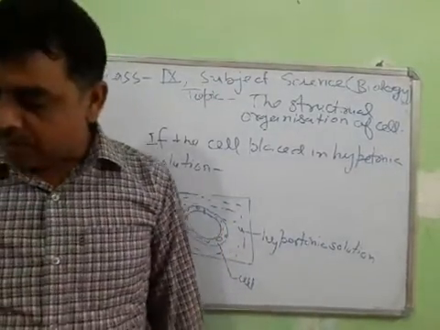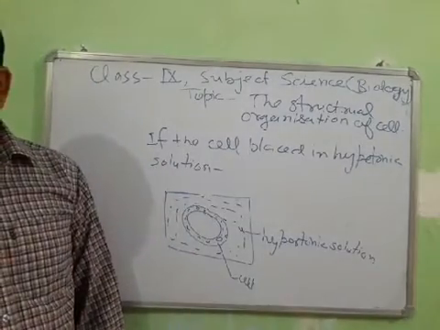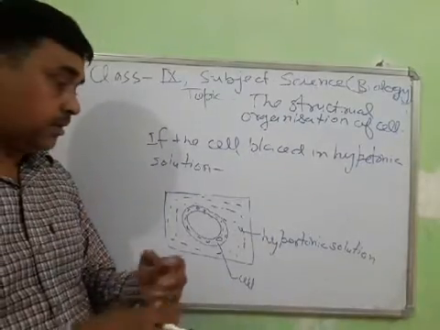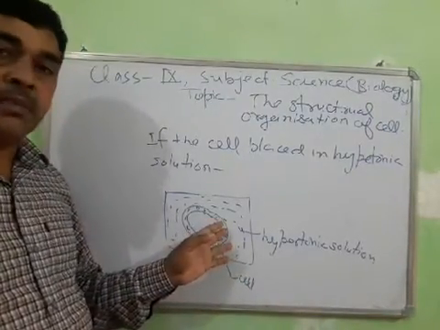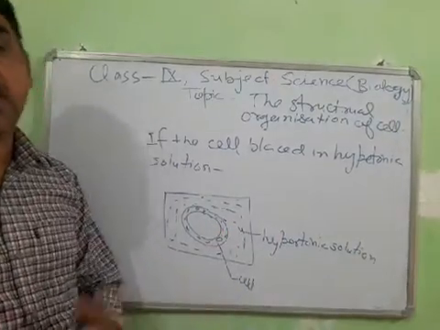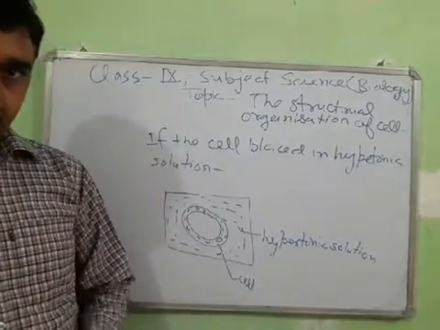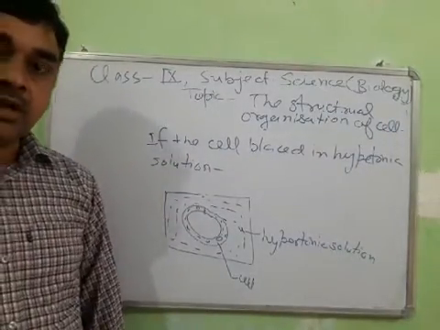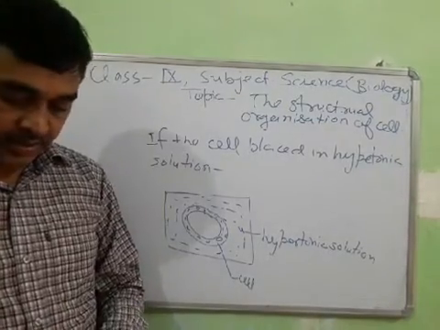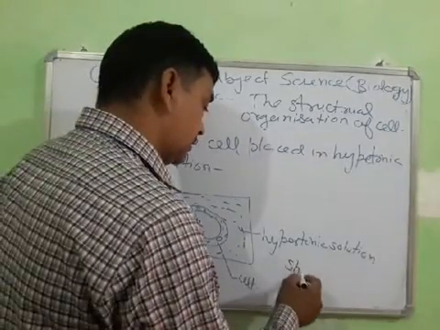So students, what will happen? Again, water will cross the semi-permeable membrane, but where? From higher concentration to lower concentration. It means the cell will shrink.